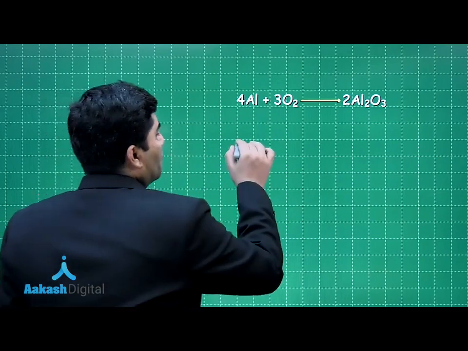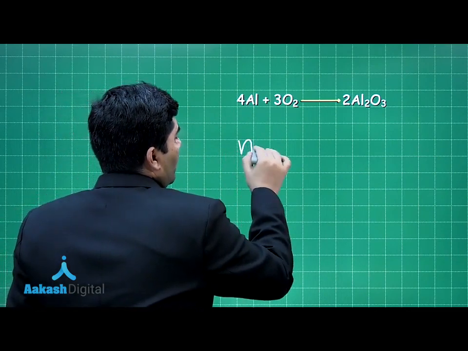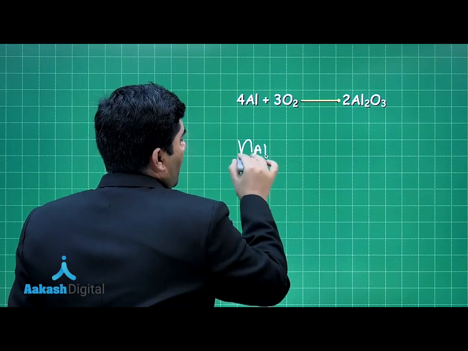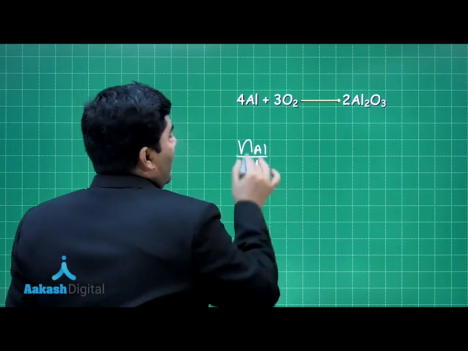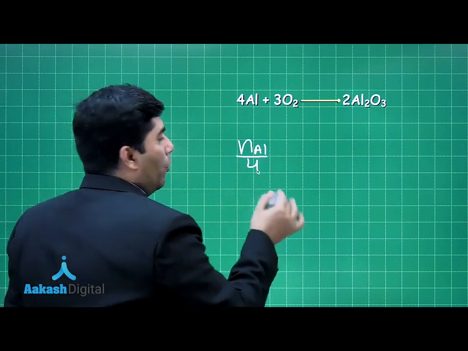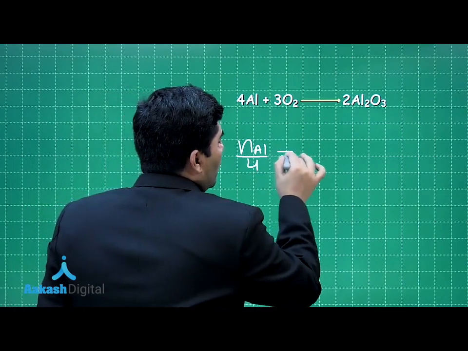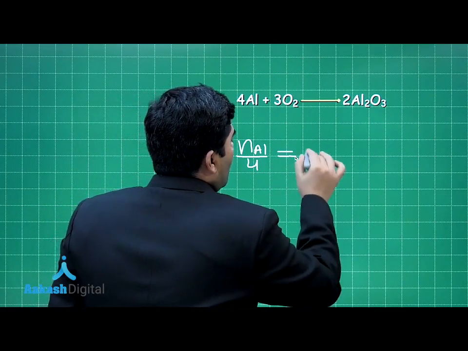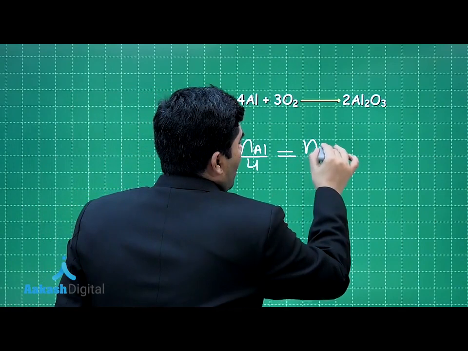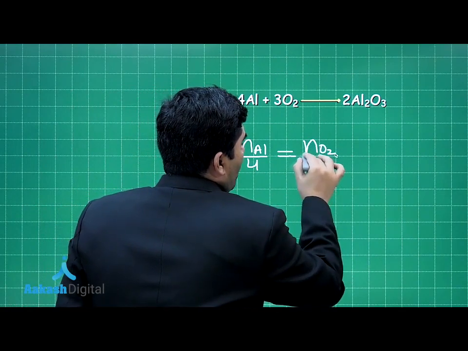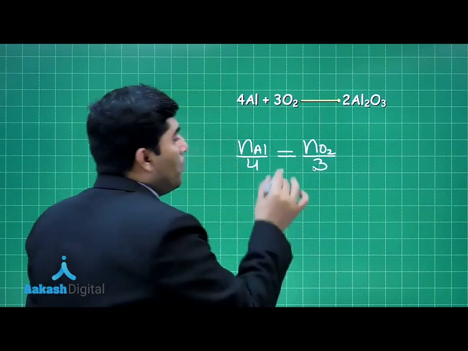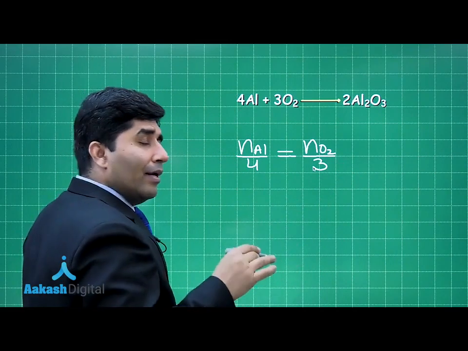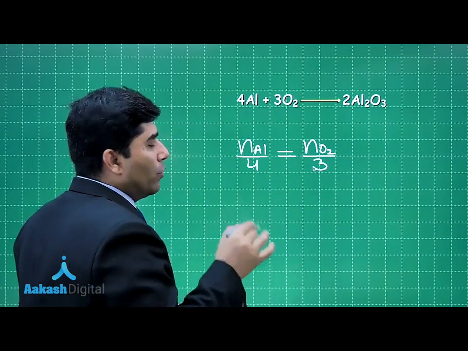Therefore, moles of aluminium divided by 4 is equal to moles of oxygen divided by 3.